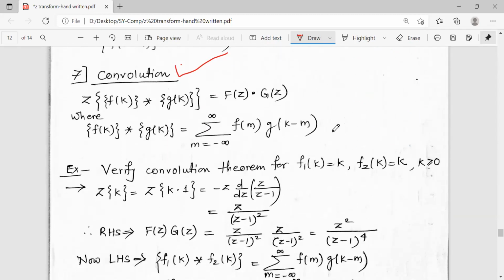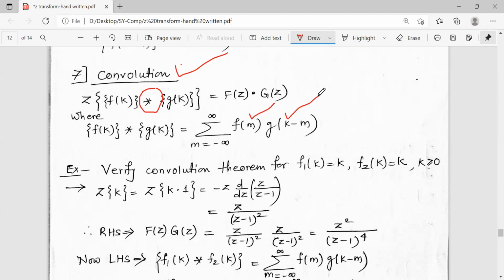Convolution between two functions is this particular operation, which we call the star operation. This one is also important because convolution takes place in Z transform, in Laplace transform, in Fourier transform, everywhere. For two functions or three functions, convolution means you take one function and a shifted second function, and combine them.